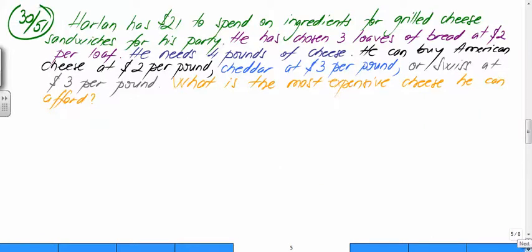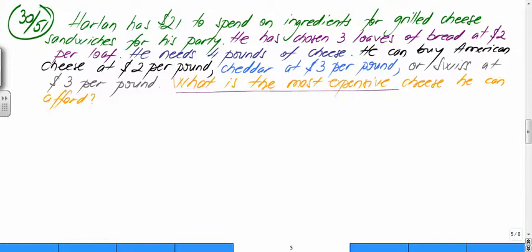Word problem. Harlan has $21 to spend on ingredients for grilled cheese sandwiches for his party. He has chosen 3 loaves of bread at $2 per loaf. He needs 4 pounds of cheese. You can buy American cheese at $2 per pound, cheddar cheese at $3 per pound, or Swiss at $3 per pound. What is the most expensive cheese he can afford?